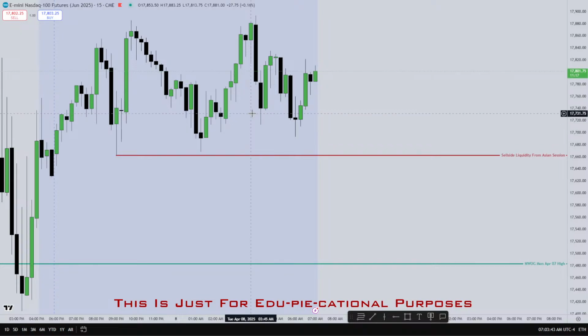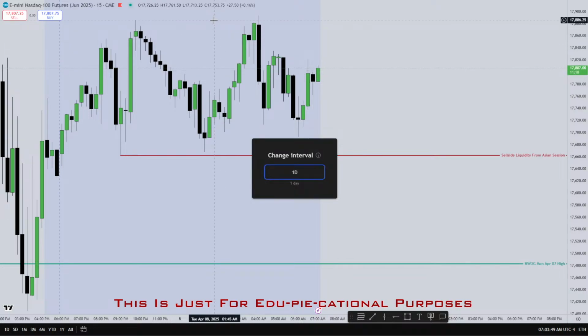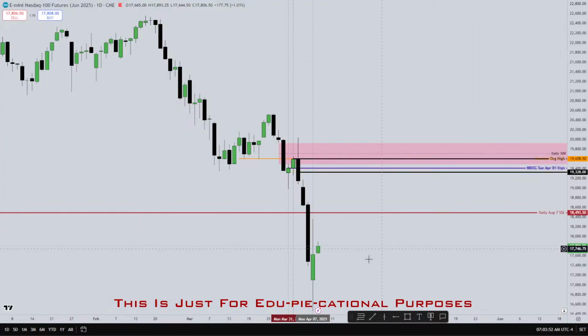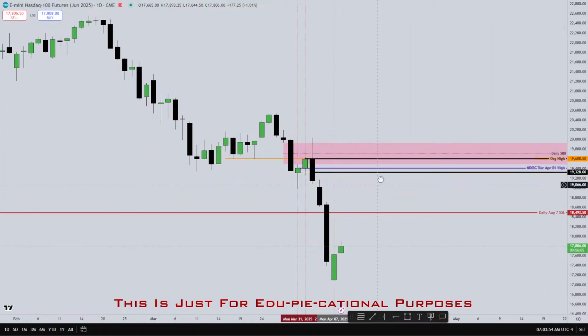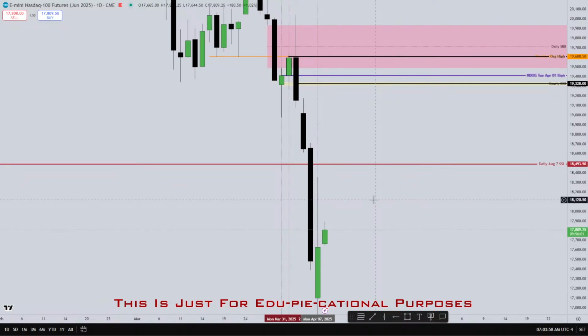What else can we see here? I'm not really interested in going higher prices, but let's see from the 1-day chart what we have here. In the daily chart, we are seeing a very big candle going lower that created two CEs on each other.